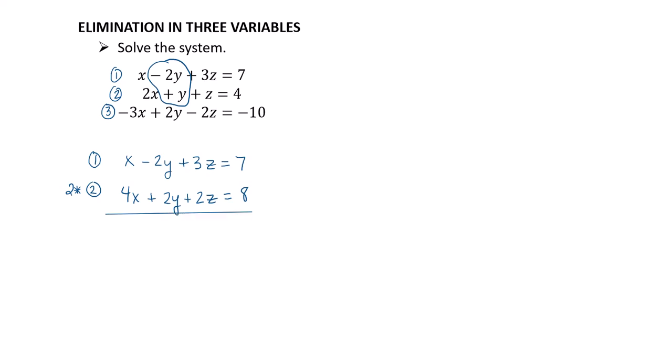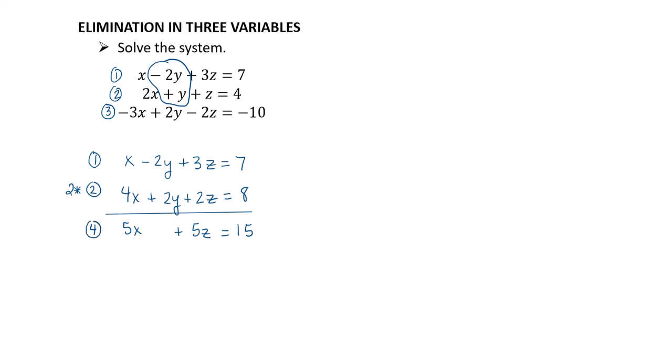What I've done is I've given the y variables opposite coefficients, so they're going to cancel each other out when we add the equations. I get 5x plus 5z equals 15. Now, it doesn't seem like we've gotten anywhere, but what we'll do is call this equation 4.